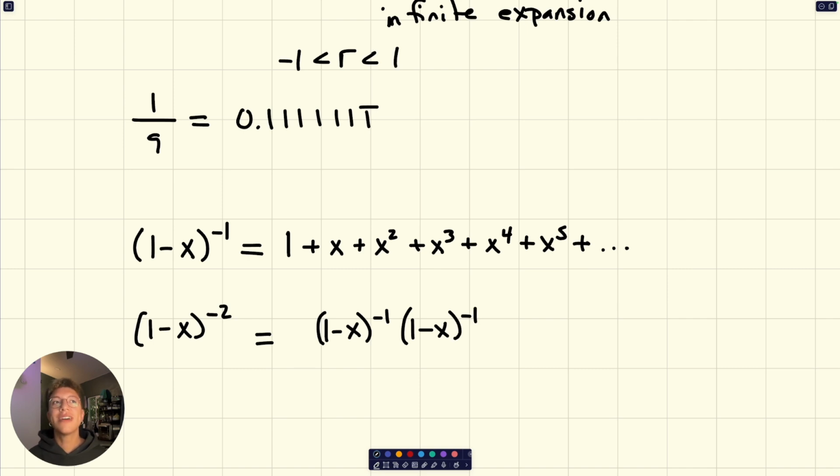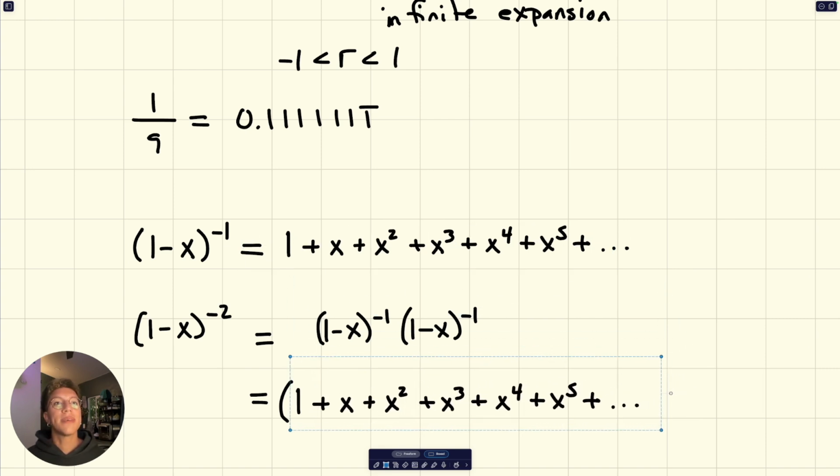And so we could just take this representation here and multiply it by itself, and that would give us 1 minus x to the negative 2 power. And so in that way, we could do an expansion for any negative integer based on this result that we just found.